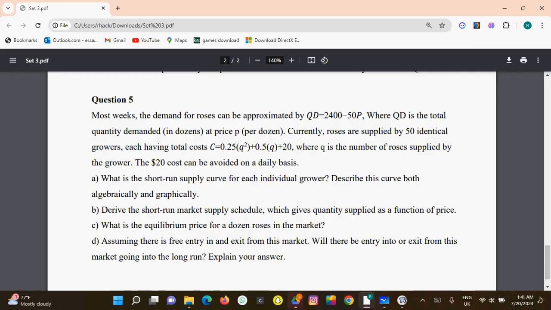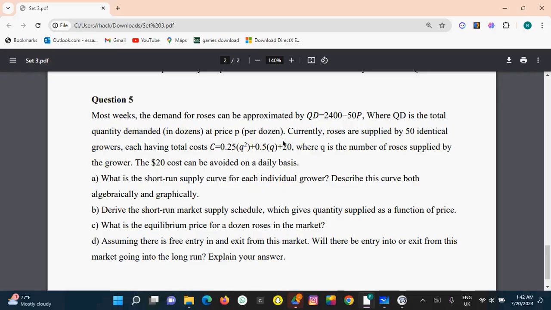All right. Demand for roses can be approximated by quantity demanded equal to 2,400 minus 50P, where QD is the total quantity demanded in dozens at price P per dozen.